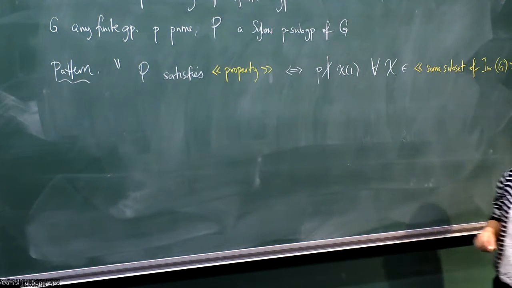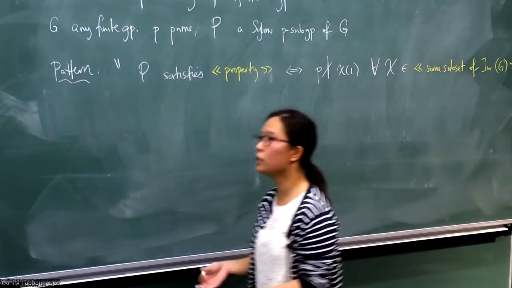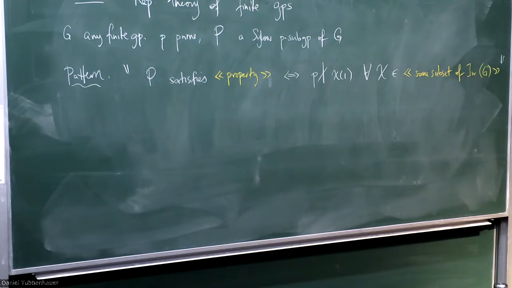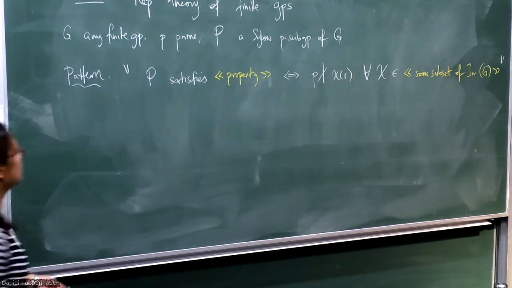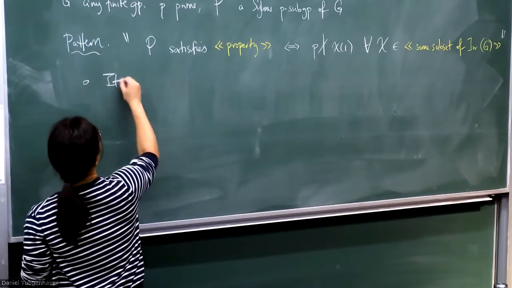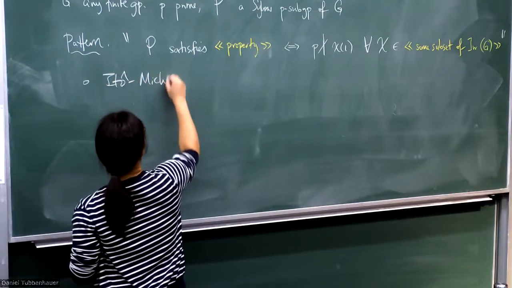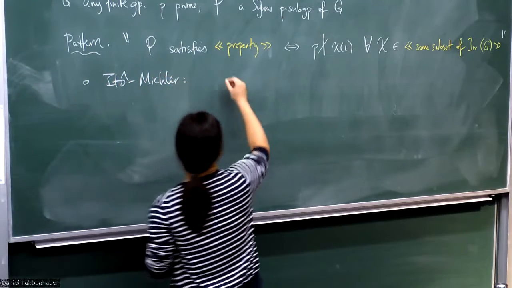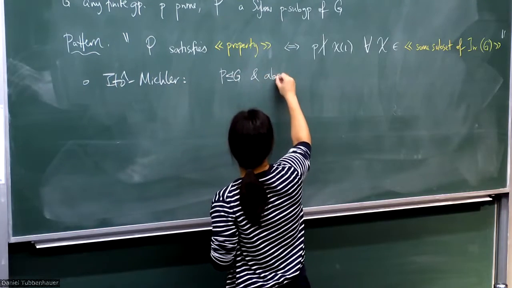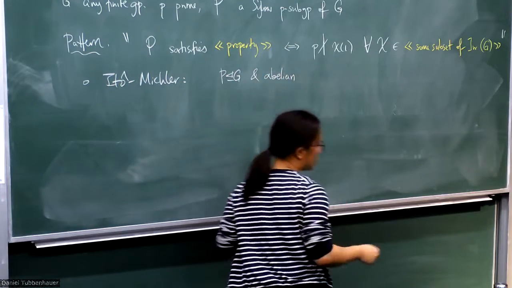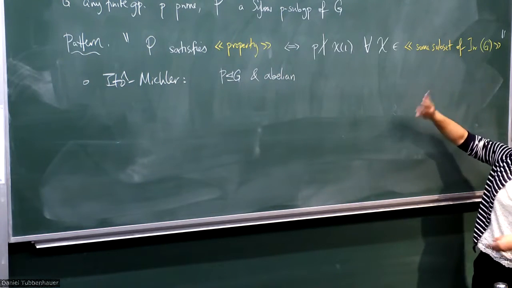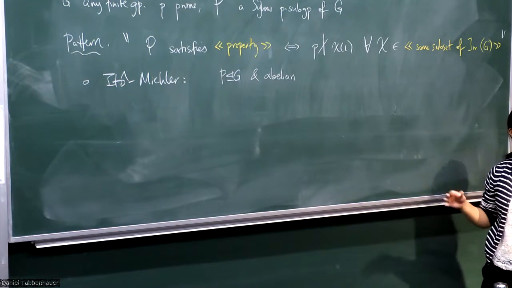A nice classical result of Ito and Michler describes exactly when a Sylow subgroup is both abelian and normal. Here the algebraic property is normal in G and abelian, and they show that this happens if and only if all the chi(1)s for all of our irreducible characters are coprime to p.